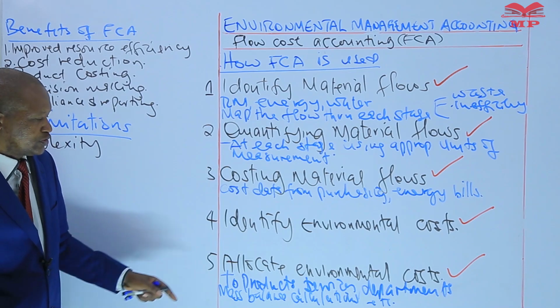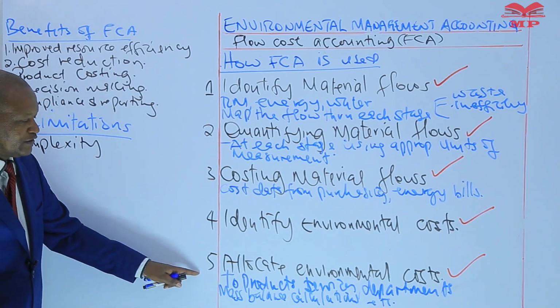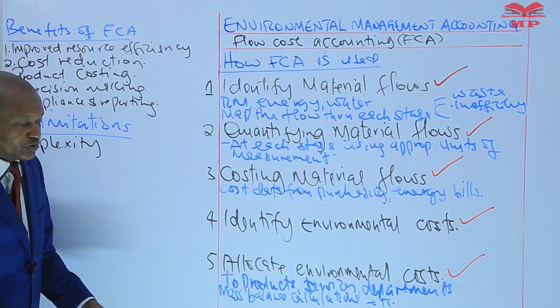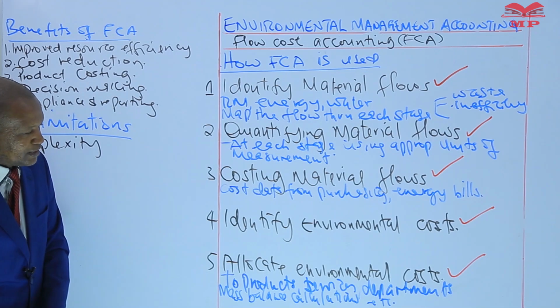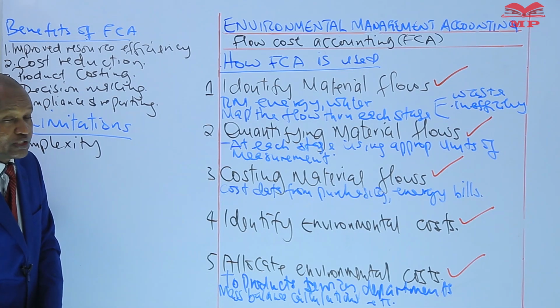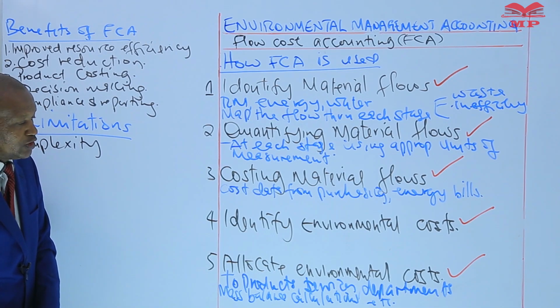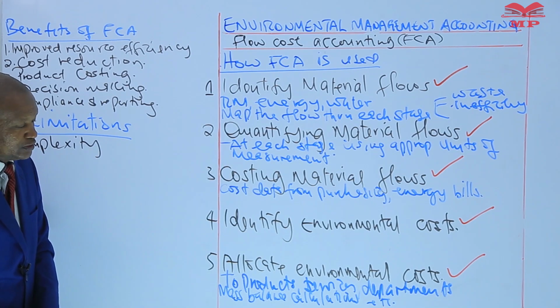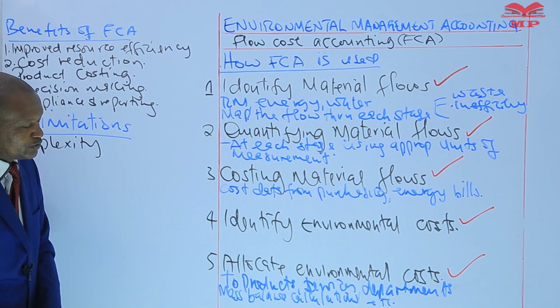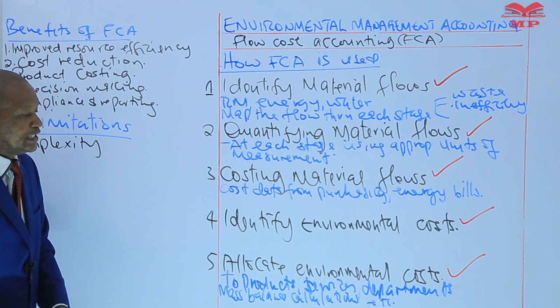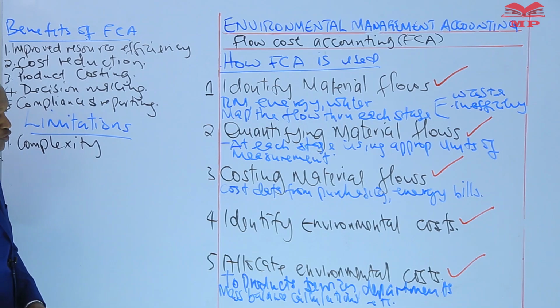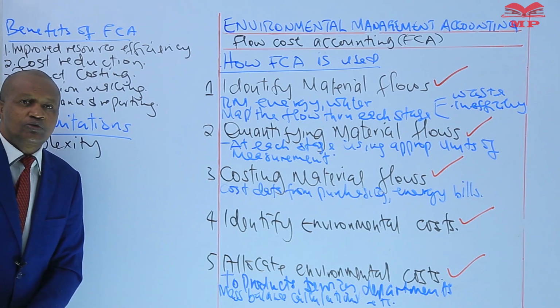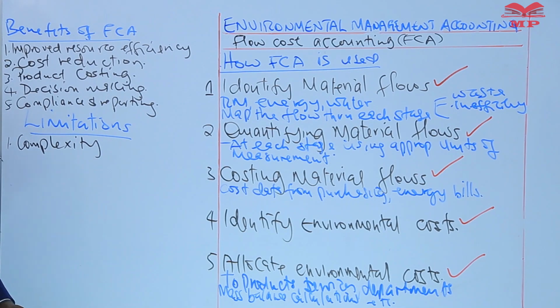Allocating environmental costs using different methods like the activity-based costing or the mass balance calculations method requires technical know-how, and that is a significant resource. The accountants ought to be well versed, ought to be competent enough to apply different methods in allocating environmental costs, and that could pose a challenge when using the flow cost accounting technique.